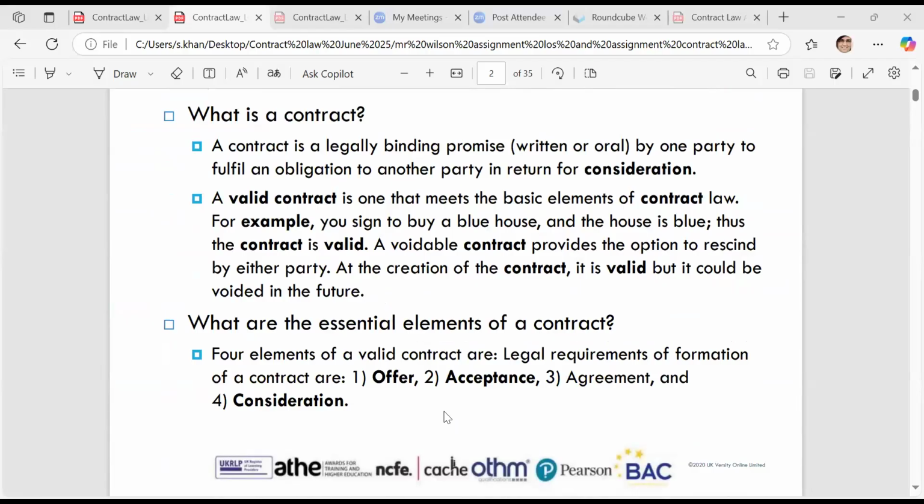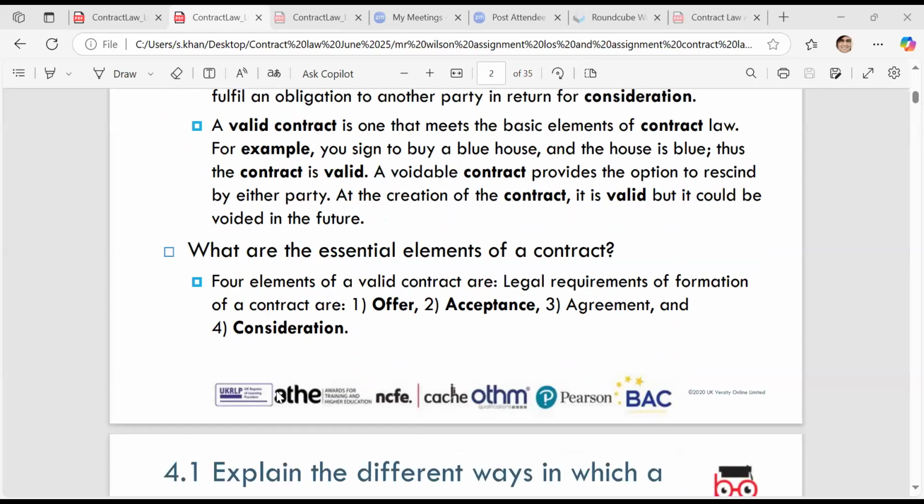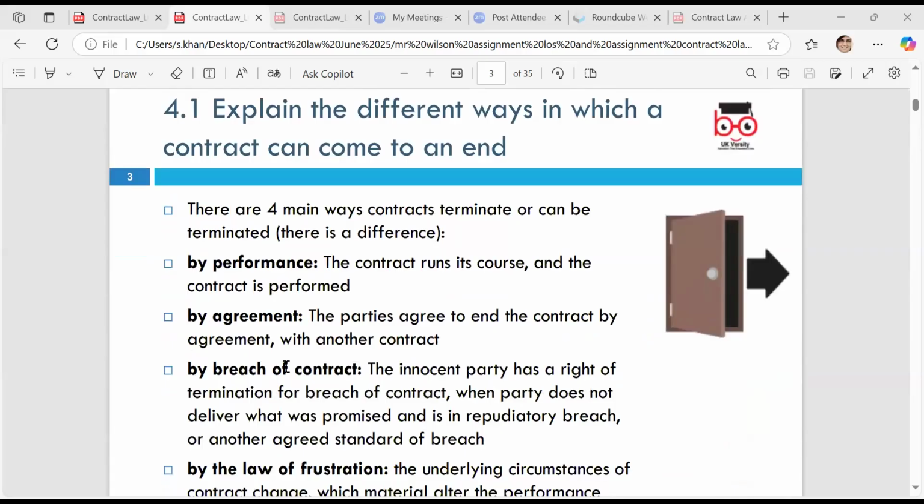A contract is a legally binding agreement promised by one party to fulfill another obligation, and a valid contract has elements: offer, acceptance, agreement, and consideration. So we look at 4.1, which asks to explain the different ways a contract can be discharged.